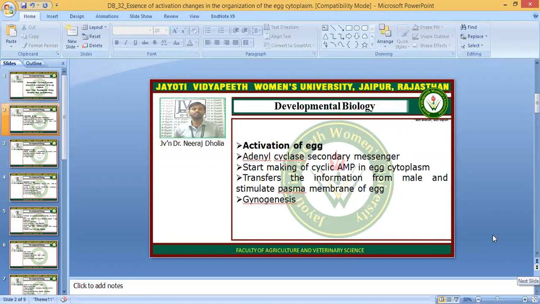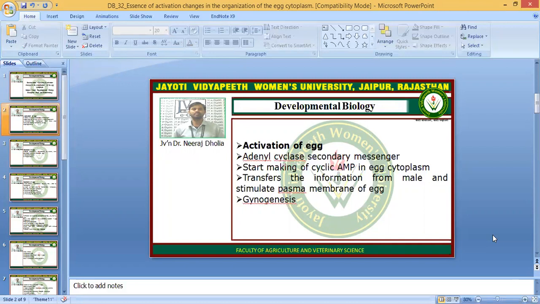Okay. So the adenyl cyclase is known as the secondary messenger here, and it starts making of the cyclic AMP in the egg cytoplasm. So the cyclic AMP transfers the information from the male gamete or male nucleus, and it stimulates the plasma membrane of the egg.